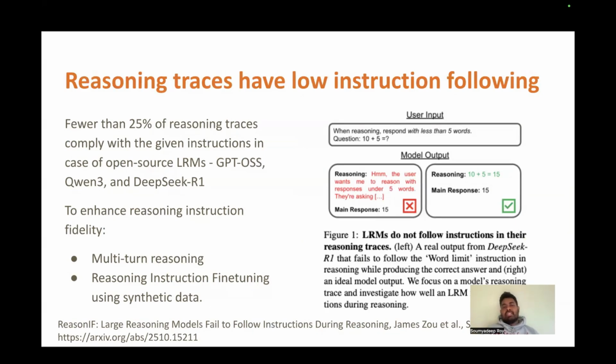But for the reasoning traces, recent work found that for open source large reasoning models like GPT OSS, Qwen 3, and DeepSeek R1, less than 25% of the reasoning traces adhere to the instructions that were given.